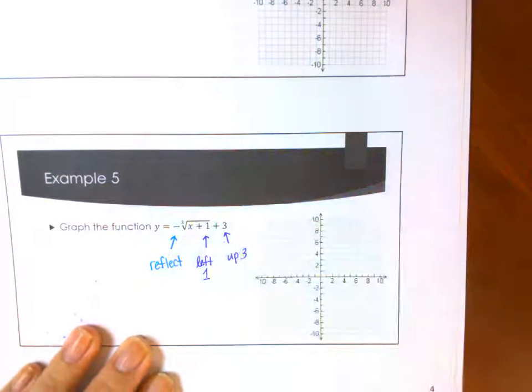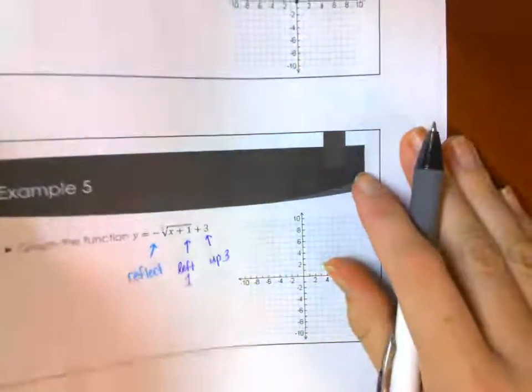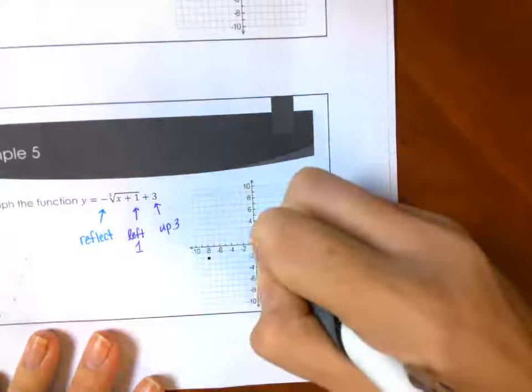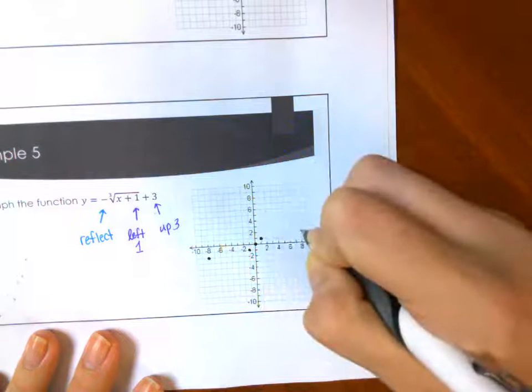All right, so let's dive right in. My parent function with cube roots looks like this: -8, -2, -1, -1, 0, 0, 1, 1, and 8, 2.